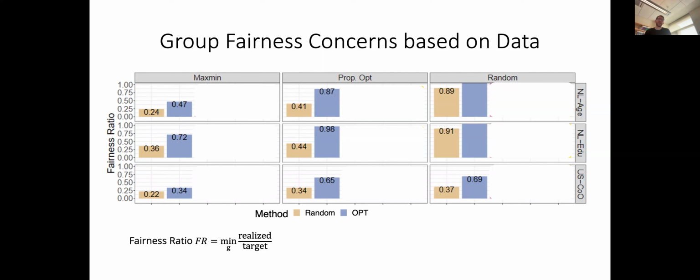But then you also find, for example, in the top right, that in the Netherlands, if we define groups by age bracket, the optimal solution, which doesn't take fairness constraints into account, just implicitly fulfills the do no harm condition for every group. So that is the motivation for our work.